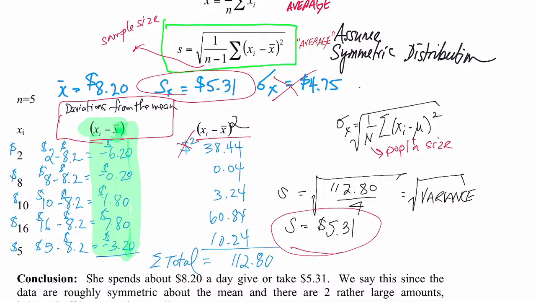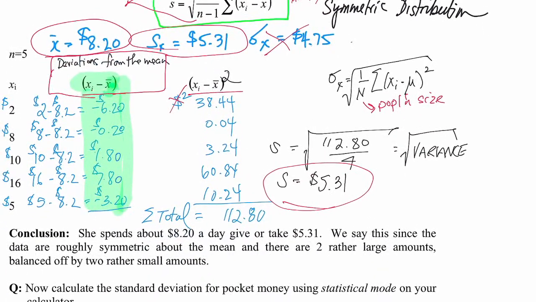So to interpret these results, I need to combine the measure of the expected value with the standard deviation to make it meaningful. And in conclusion, what we say is she spends about $8.20 on average a day, right? Give or take $5.31. So I'm going to show you how to interpret that.